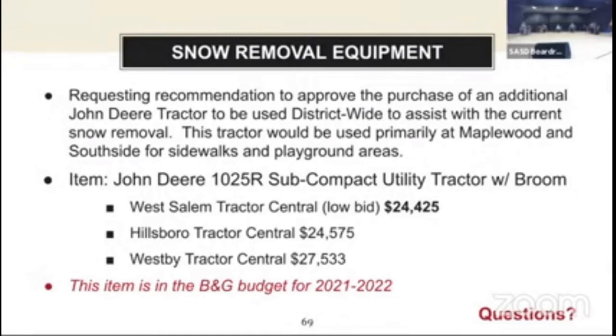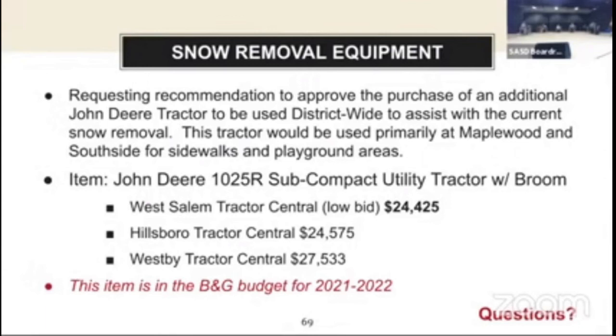And so we're proposing that we add a John Deere tractor. This is already budgeted for in the budget we discussed earlier under capital projects, so it's part of that 435,000. This tractor would be used primarily at Maplewood and Southside to clear the sidewalks and the playground areas.